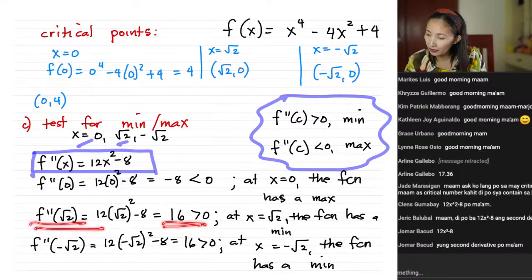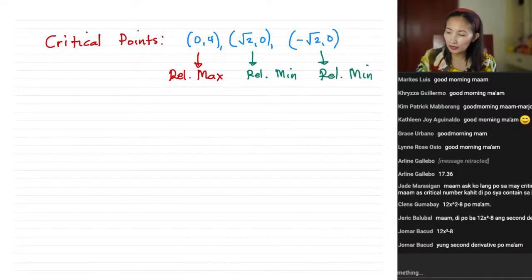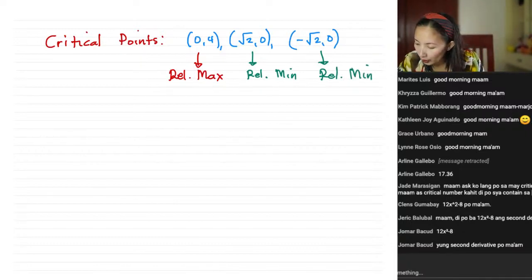And the second derivative test says it's a min. So it's a relative min. And lastly, this also is a relative min. So how shall we graph the function now? Draw your axes x and y.